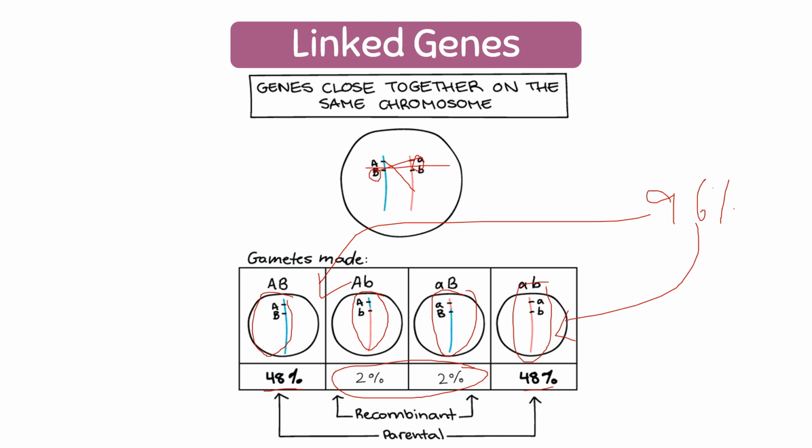This can seem a little bit confusing, but just look at the map units. So remember that 4 map units equals 4% chance of being separated during crossing over, and then therefore there is a 96% chance of crossing over not occurring between those linked genes.